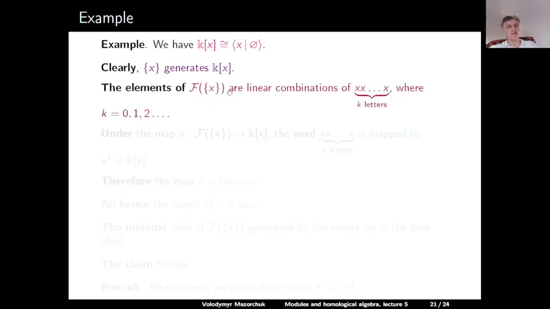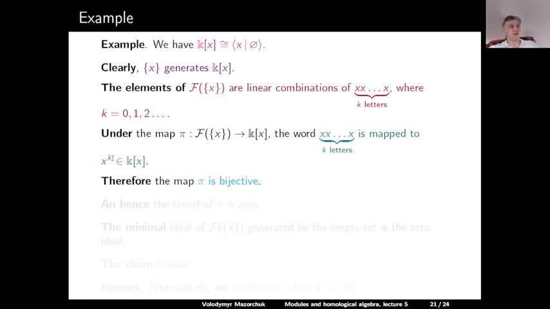And if you consider the free algebra on x, the elements of the free algebra on x are all linear combinations of all possible words in the alphabet x, including the empty word. And under the map pi, the word xxx and so on with k letters is mapped to the monomial x to the power k.